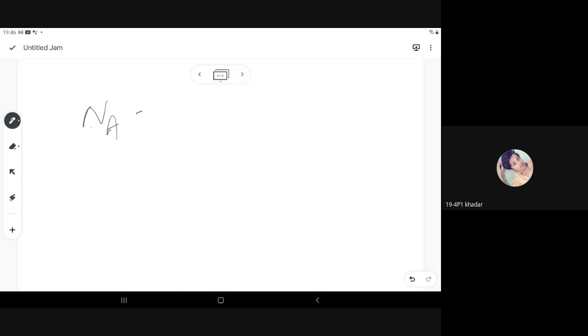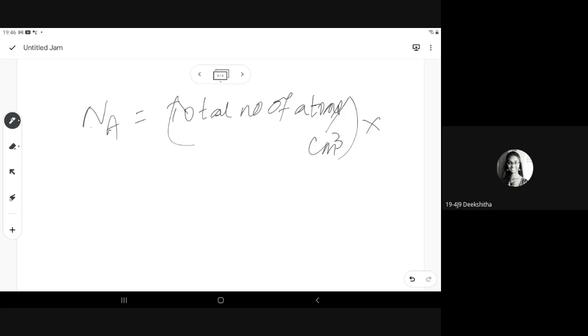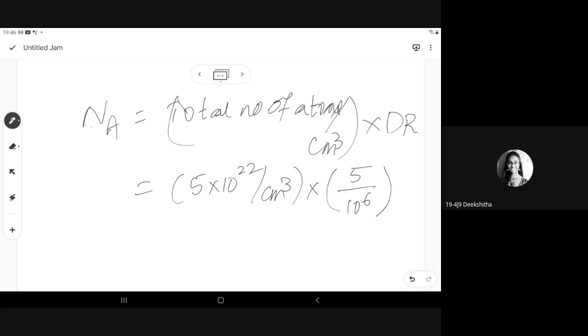Now calculate the acceptor ion concentration, Na. Na is equal to the total number of atoms per centimeter cube into the doping ratio. The total number of atoms is 5 into 10 power 22 per centimeter cube, into the doping ratio 5 divided by 10 power 6.